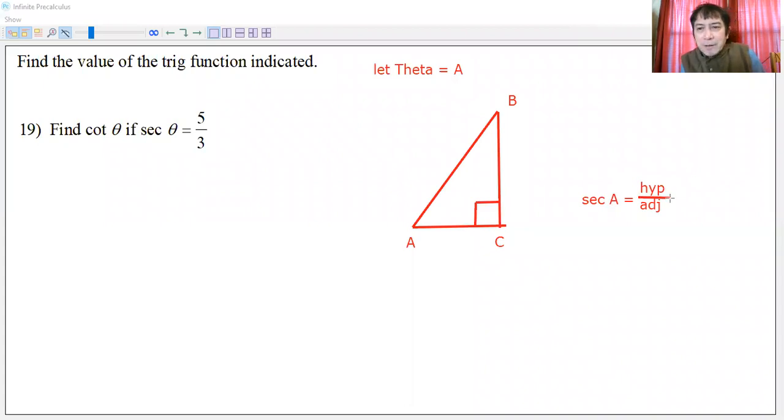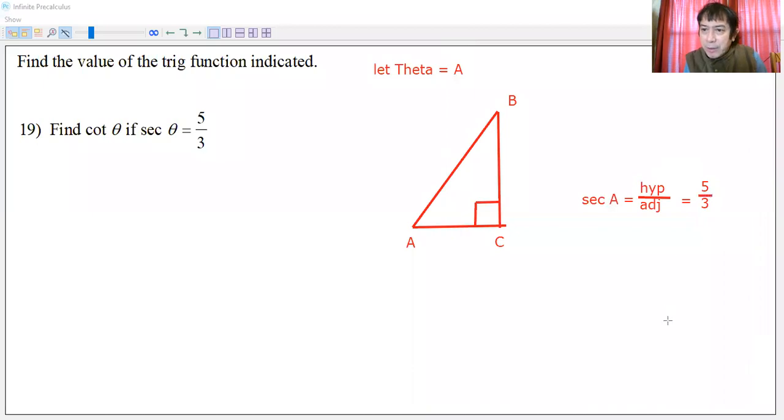That means our hypotenuse here is the 5, because this must be our secant, and this must be equivalent to 5 over 3. This is the given. And this must be the 5, and that should be the 3. That's the adjacent side.